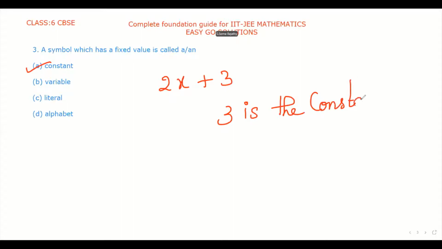It remains the same and doesn't change. But for 2x, if you keep changing the value of x, it keeps changing. That's why it is called a variable. X is the variable and 3 is a constant term in this algebraic expression.